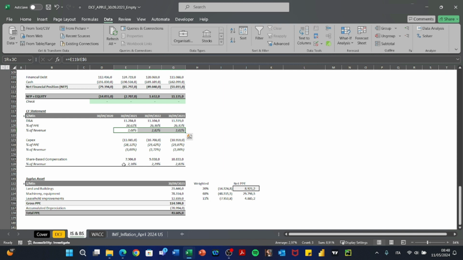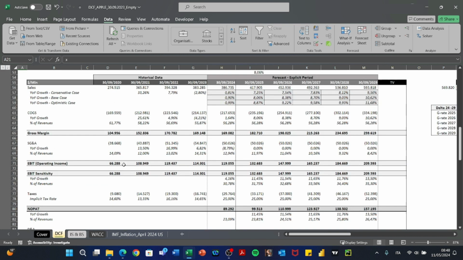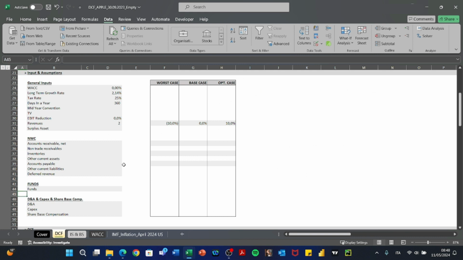So for our DCF model, I have decided to forecast the D&A for the explicit period by computing them based on the historical incidence over the revenues.